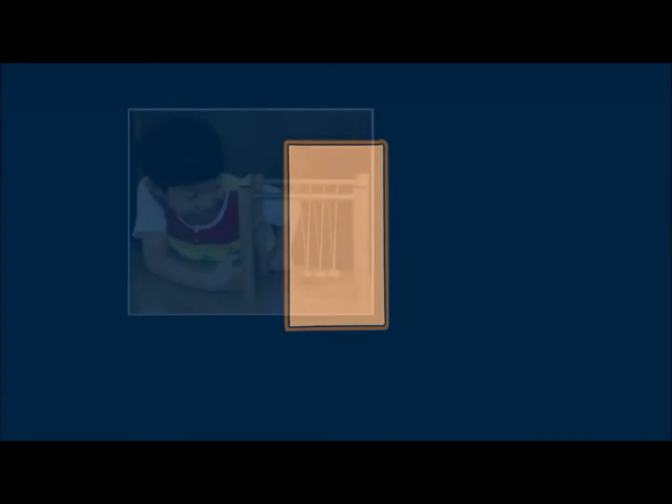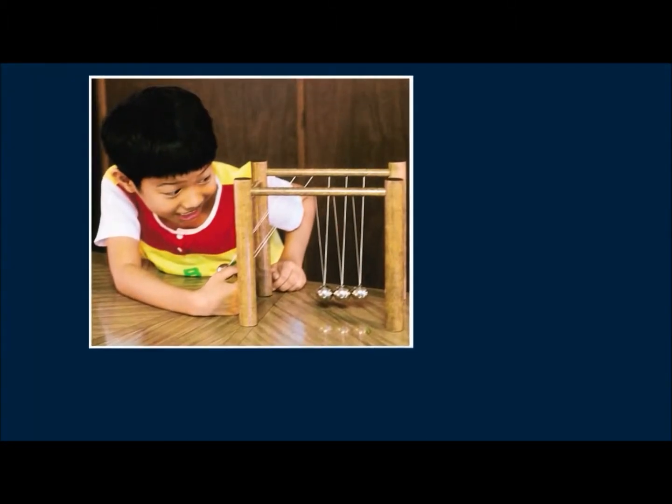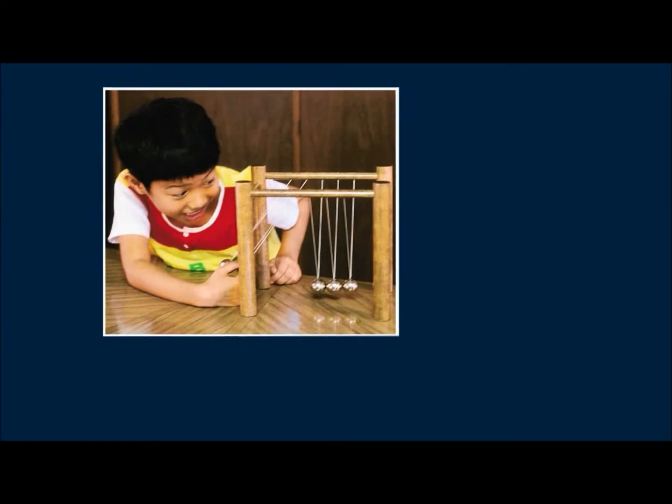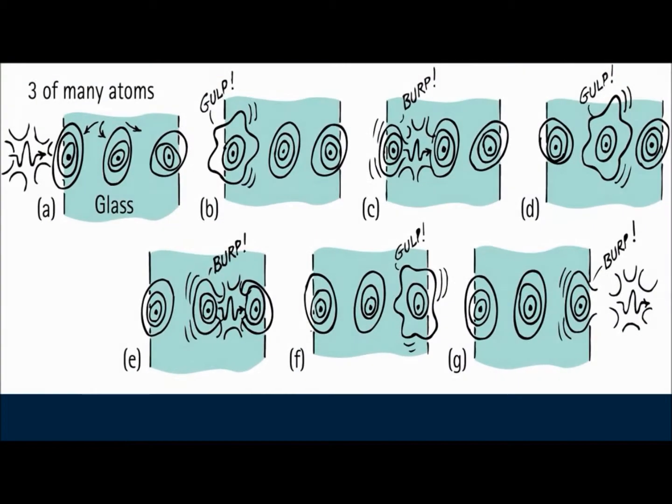Aha, the answer has to do with this mechanical analogy. When you drop one or more balls against the array of balls, the ones to emerge on the other side are different balls. Likewise with light. Light travels in little bundles of energy called photons. The photons that first encounter a piece of glass are not the same photons to emerge on the other side.